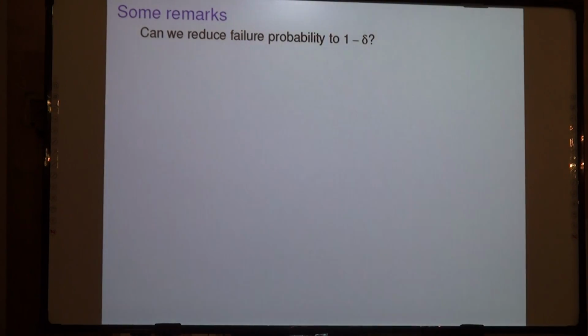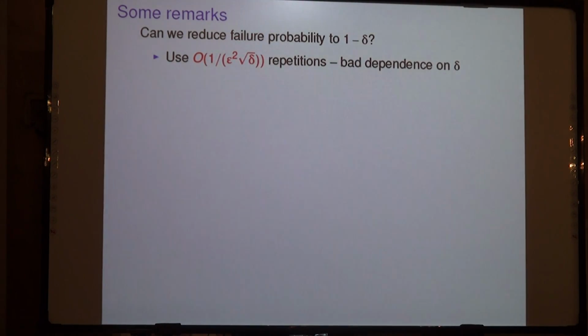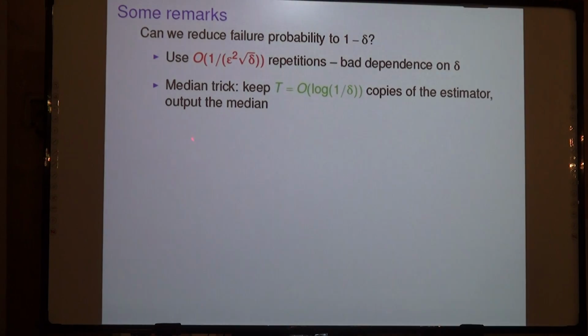The trivial way, if I were to use Chebyshev's inequality, would be to make k 1 over root delta. Well, that's a pretty bad dependence on delta if I want failure probability, say 1 over poly n, 1 over n to the 10. The way to fix it is to use the median trick. Instead of just averaging many, many times, we get one estimator whose variance is small enough so that with probability at least 99 over 100, it gives us an epsilon approximation.